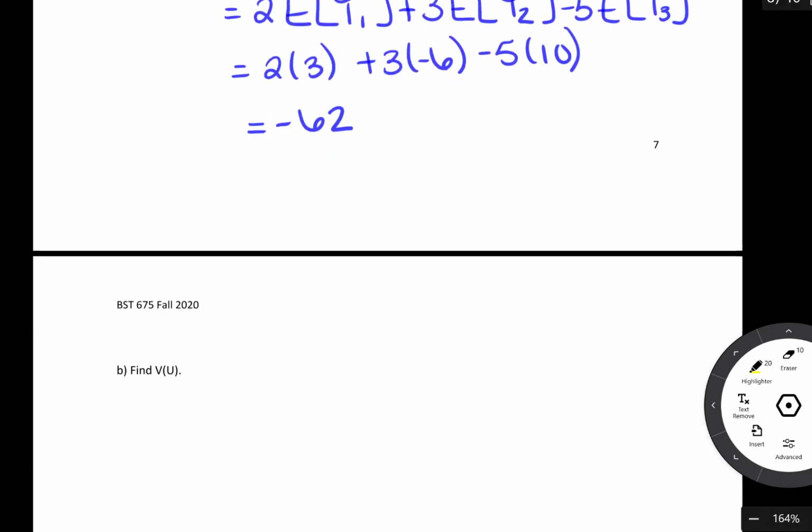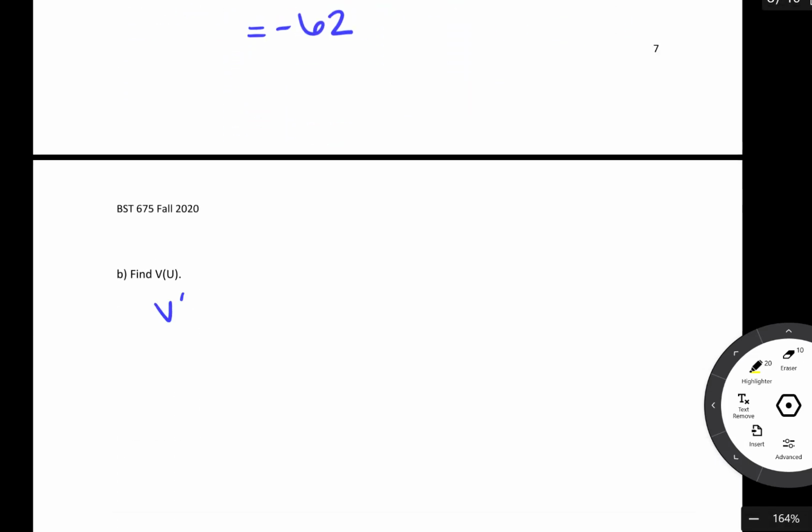We could also find the variance of u. So again, I'm interested in the variance of u. The very first thing I'm going to do is plug in what u is equal to.